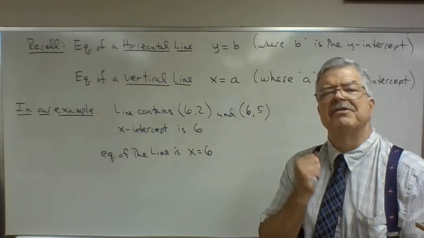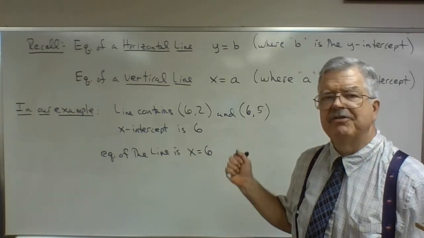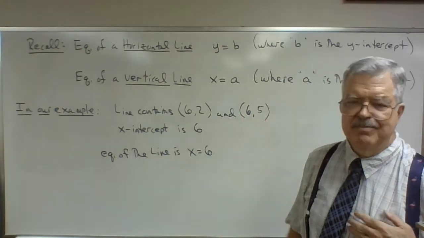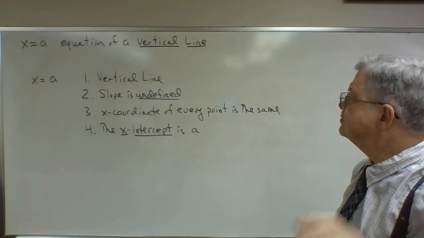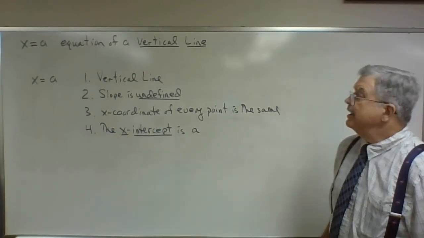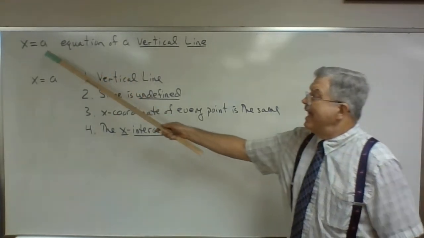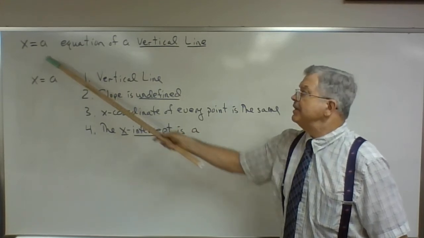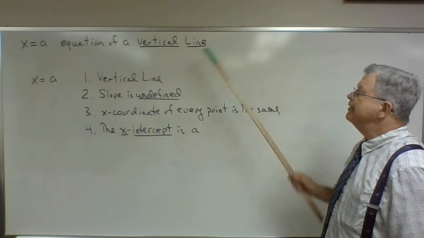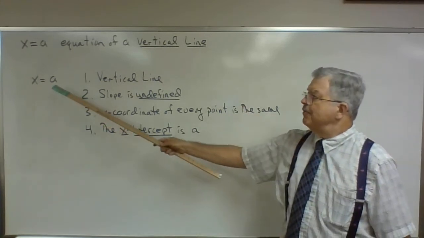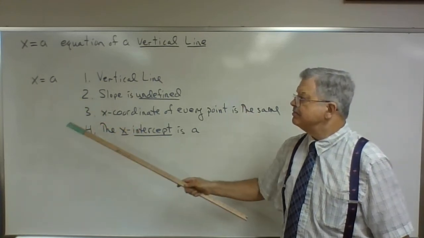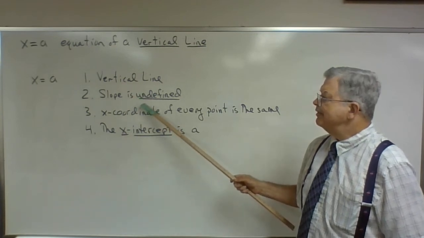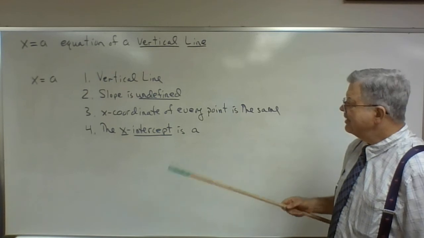Now we are going to summarize what we just did, do a couple of examples, and we are going to be out of here. X equal A, where A is any number. X equal A is the equation of a vertical line. So if we have this equation, it's a vertical line, and that means the slope is undefined.